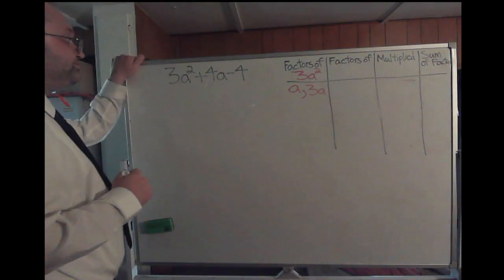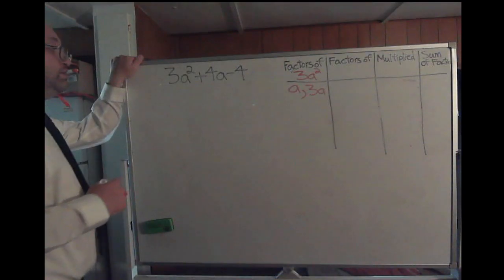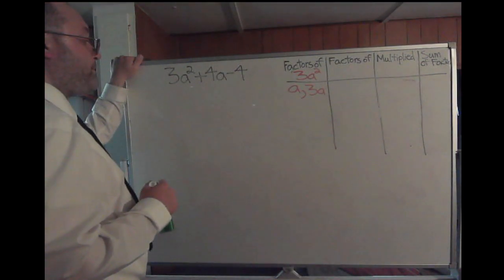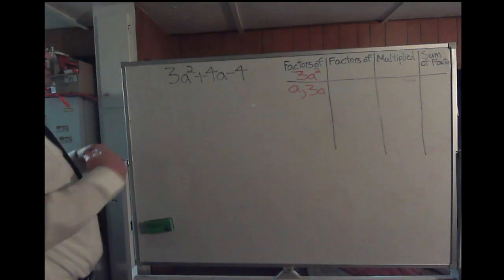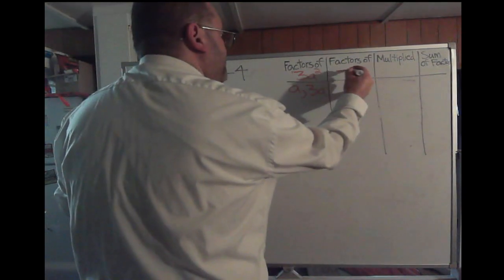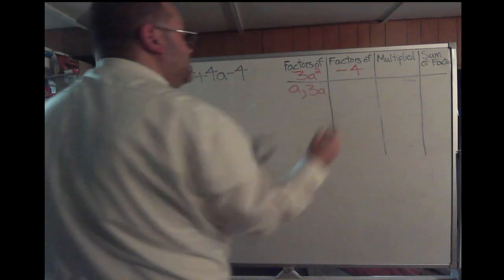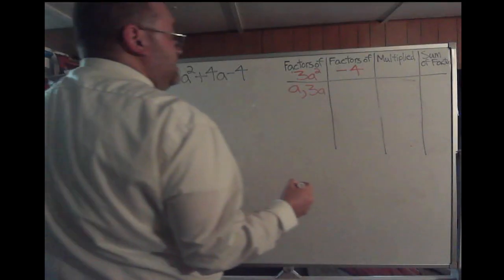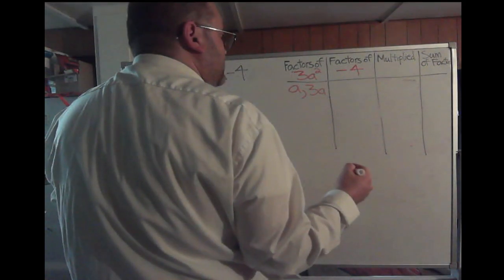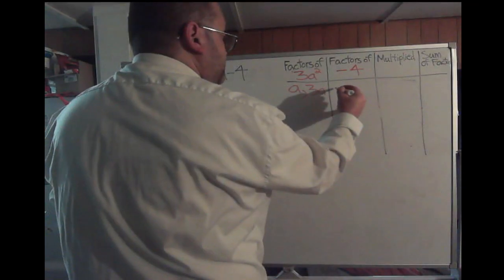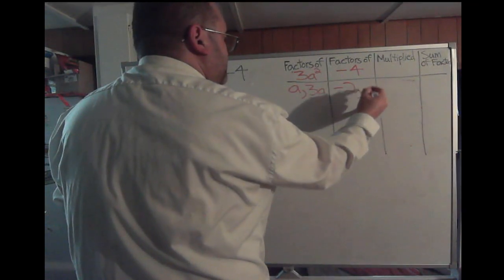Now, you got -4. You need to find factors of -4. Well, of course we can start, well, let's do -2 times 2.